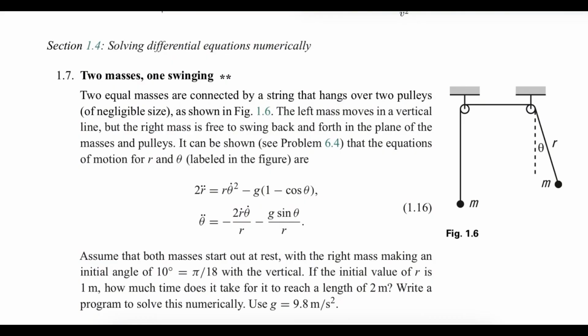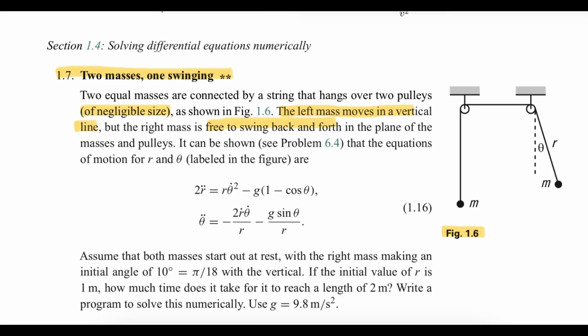Okay, so last problem, section 1.4, solving differential equations numerically. 1.7, two masses, one swinging. Two equal masses are connected by a string that hangs over two pulleys of negligible size, as shown in figure 1.6. The left mass moves in a vertical line, but the right mass is free to swing back and forth in the plane of the masses and pulleys.